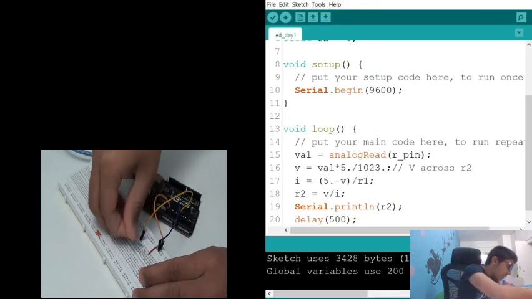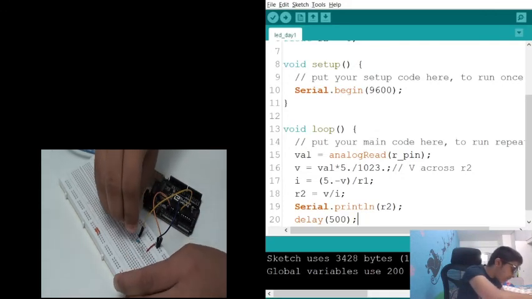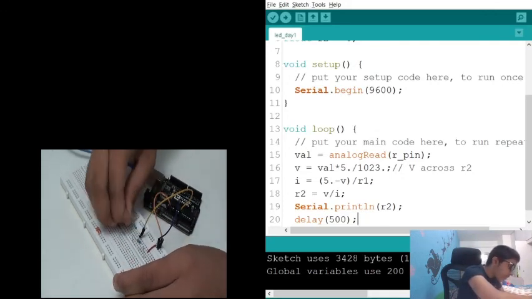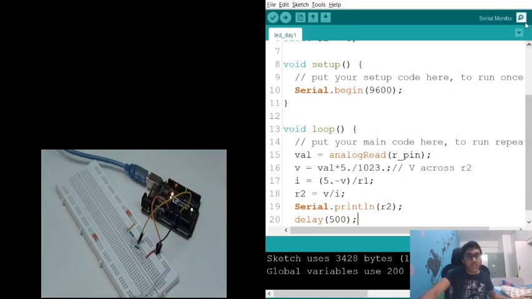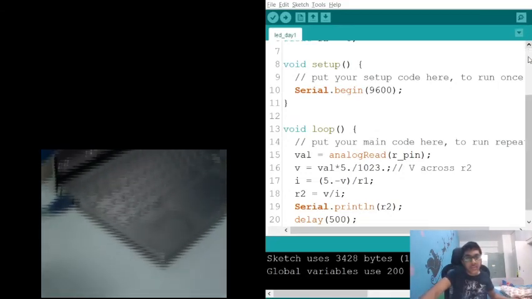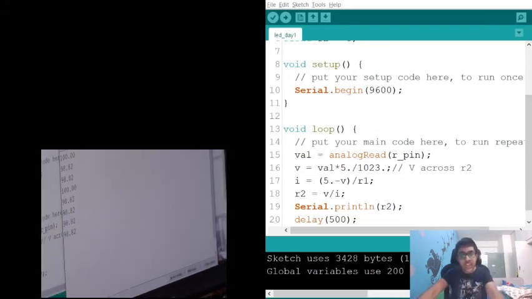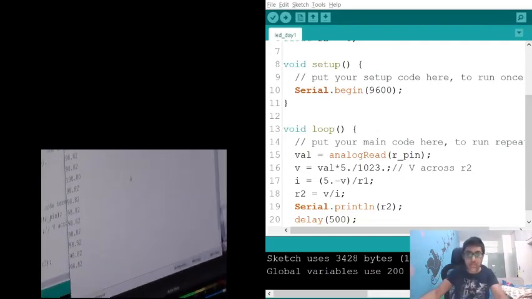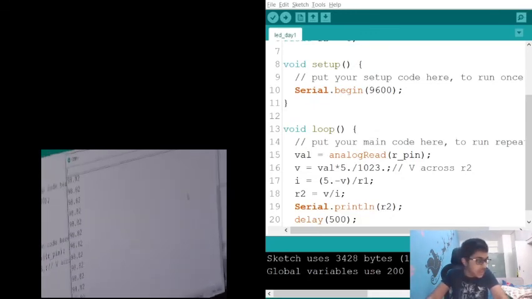Let's test our Arduino in every single way we can. All right, let's test this out. See how much we get. There we go. 100 ohm on the dot. 98. It's about 1.18 ohm apart, but that'll pass.